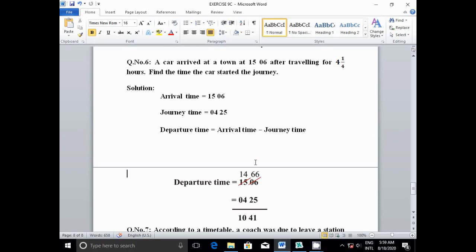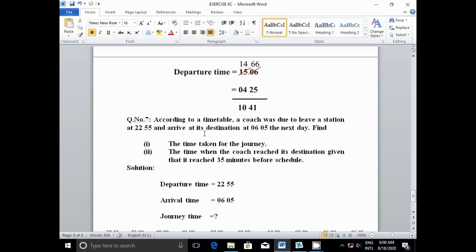Next question from this exercise, question number 7. According to a timetable, a coach was due to leave a station at 22 hours and 55 minutes. Now, due to leave means departure time, and it arrives at its destination at 6 hours and 5 minutes the next day.